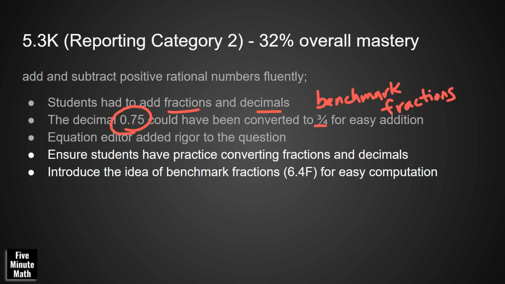Students shouldn't need to use any type of conversion to know that 1/4 equals 0.25 or 3/4 equals 0.75 or 1/2 equals 0.5. These are things that they're going to need to know again and again and again. In 5th grade, we might as well teach them to memorize some of these. And that equation editor definitely added rigor to the question.